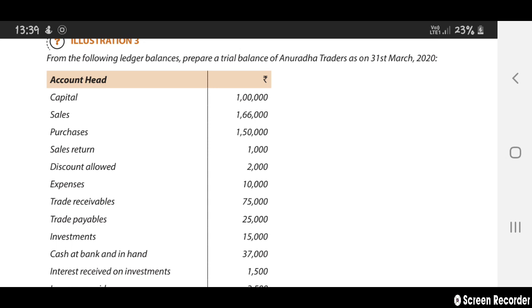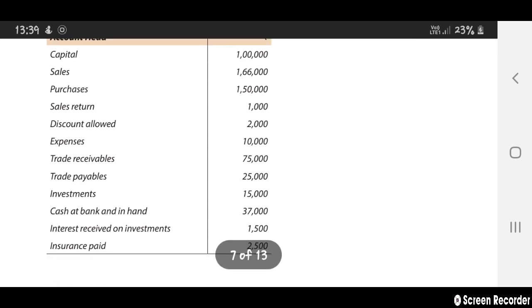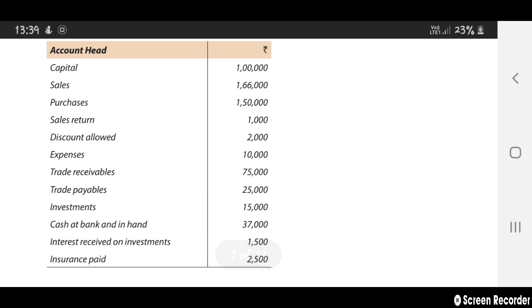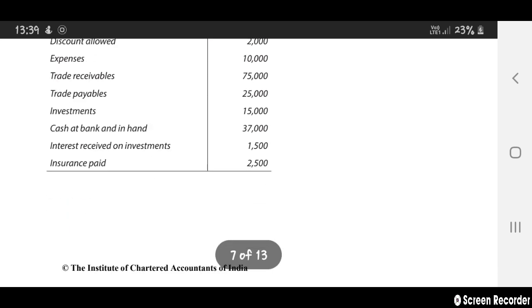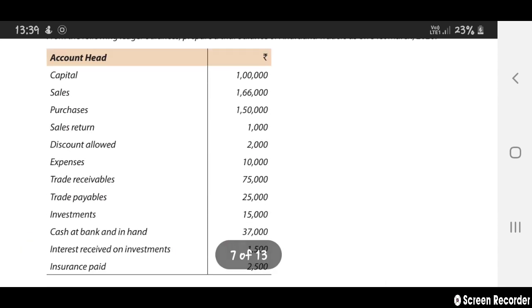The information given is: capital 1 lakh, sales 1,66,000, purchases 1,50,000, sales return 1,000, discount allowed 2,000, expenses 10,000, trade receivables 75,000, trade payables 25,000, investment 15,000, cash at bank and in hand 37,000, interest received on investment 1,500, and insurance paid 2,500. This is the information they have given.